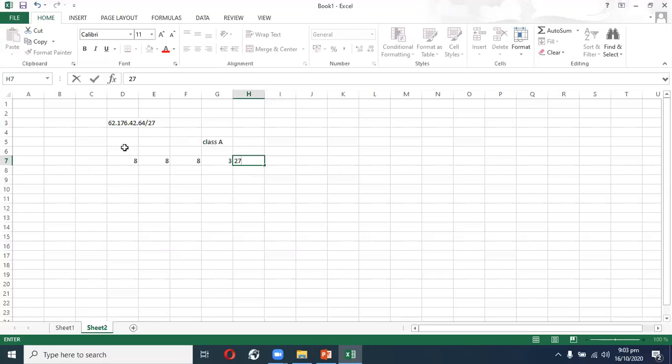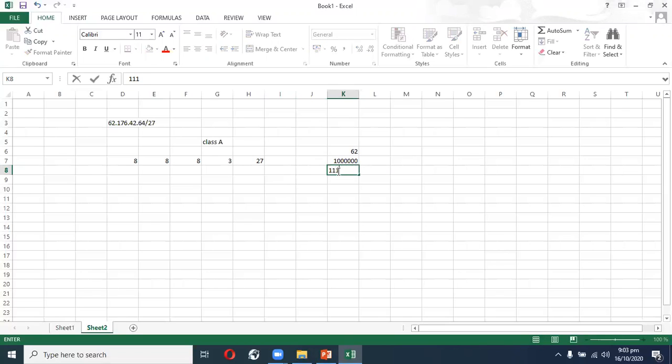Now what we will do: when you see 8, it means that all the binary digits are 1. Let me give you an example. Let's write 62. 62 is 0 1 0 0 0 0 0 0, 8 digits. 1 2 3 4 5 6 7 8. When we talk about 8, this means all the digits are 1.